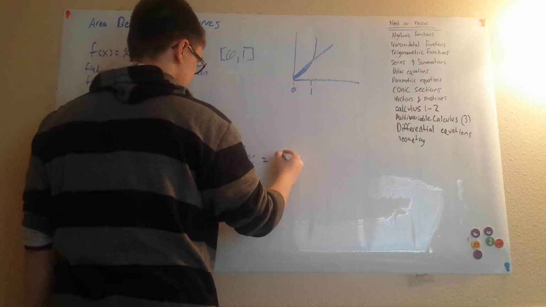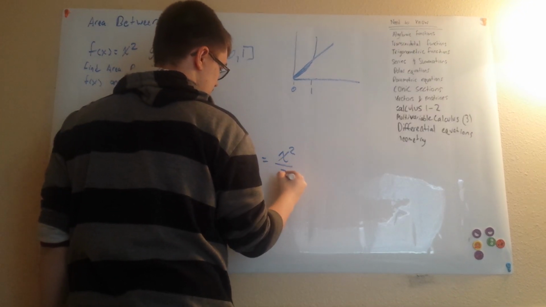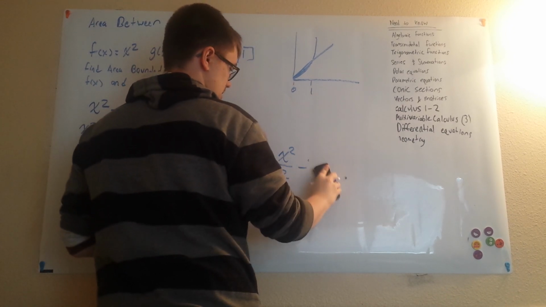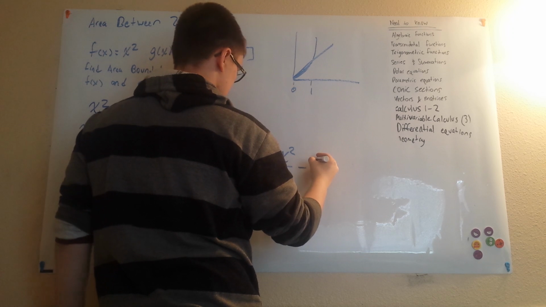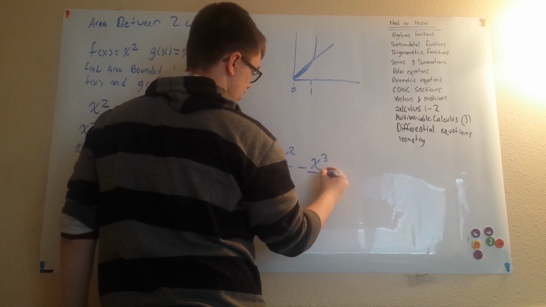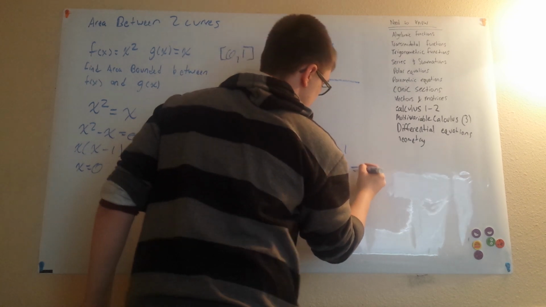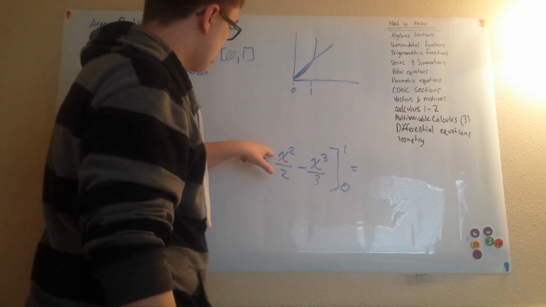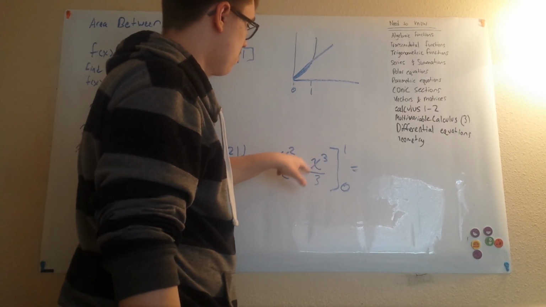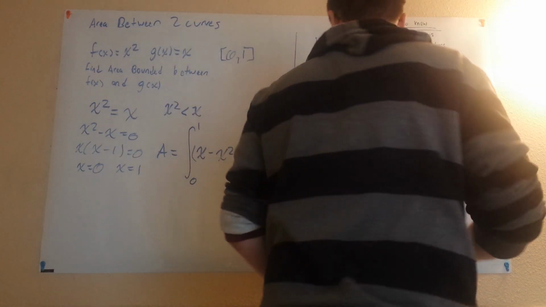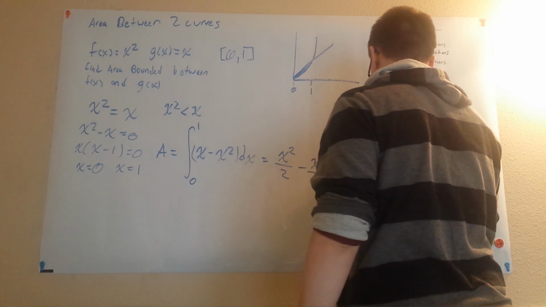So this is going to be x squared over 2 minus x to the third over 3 from 0 to 1. If I plug in 1, we get 1 over 2 minus 1 over 3. Plug in 0, which is 0.